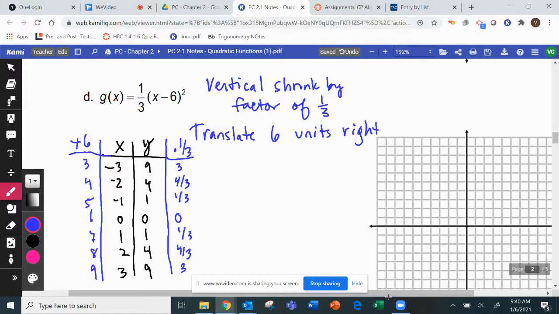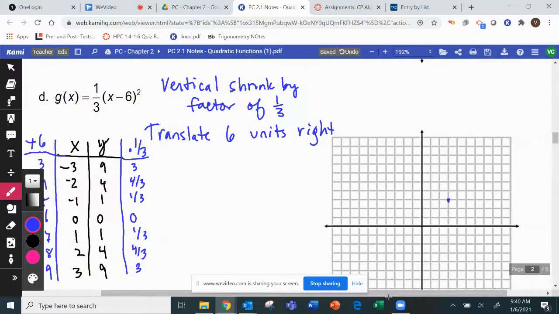So I've got 3, 3, 4 is 1 1/3. 5 is 1/3. 6 is 0. And then we've got our mirror points. There's an axis of symmetry right here in the middle, and we've got our vertex.